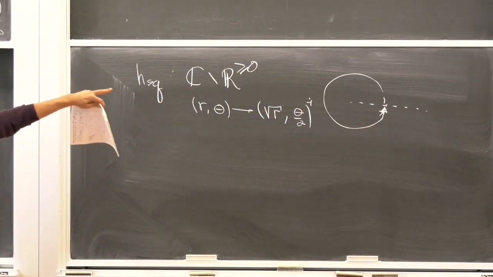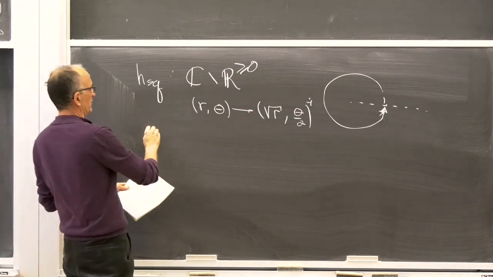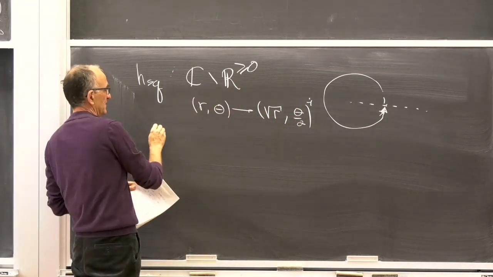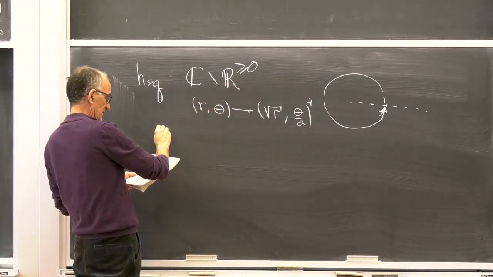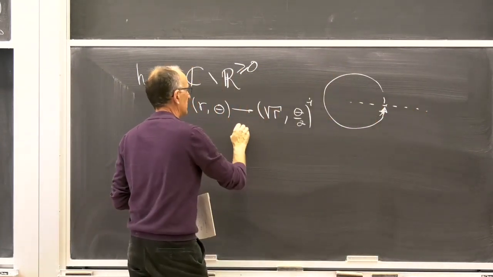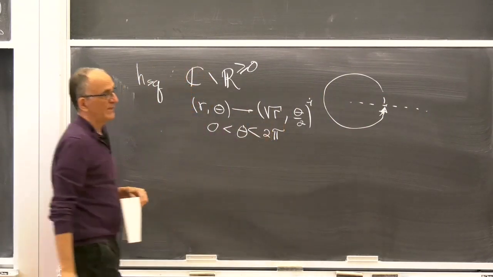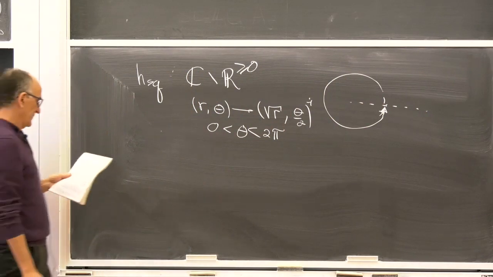And now we want to transfer that to this kind of picture. You just use a Mobius transformation sending 0 to 1. This is for theta between 0 and 2 pi, not equal, and it's holomorphic.